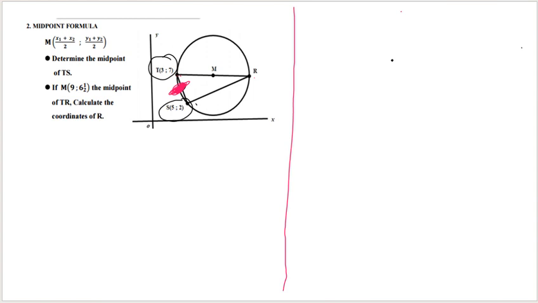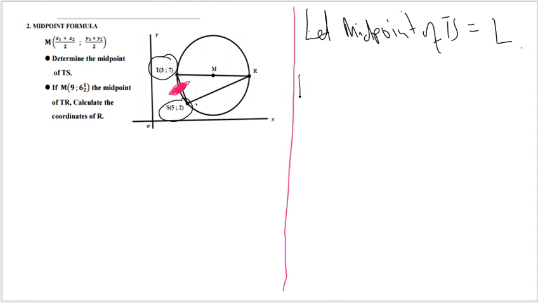Let me pick another color, black. So to answer this, when you are in an exam room, I'll say okay, let the midpoint of TS be equal to, let's pick any letter, let's say some letter L.